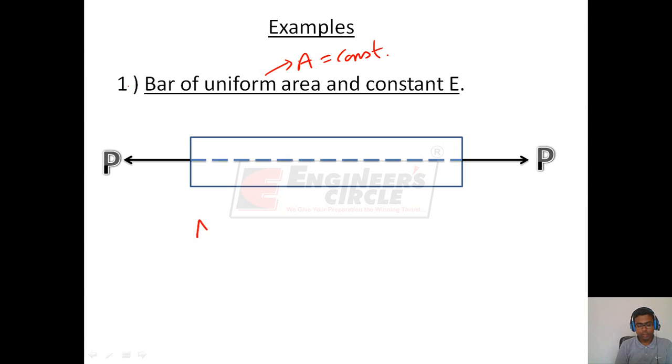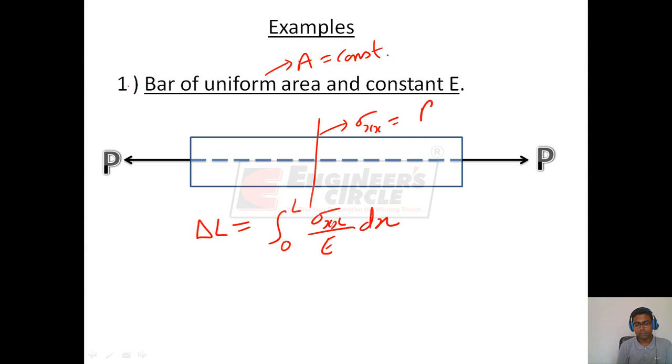We have already found that the elongation under axial loading is given by integration 0 to L sigma xx by E into dx. Now, the stress on any cross section sigma xx can be written as P by A. Putting this value here, we directly get P by E A into dx.